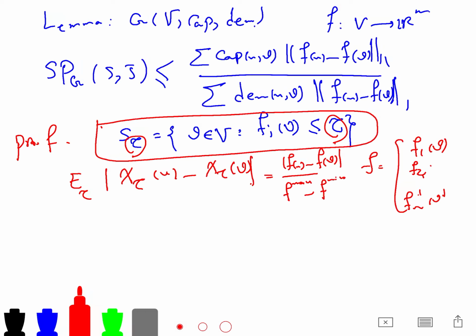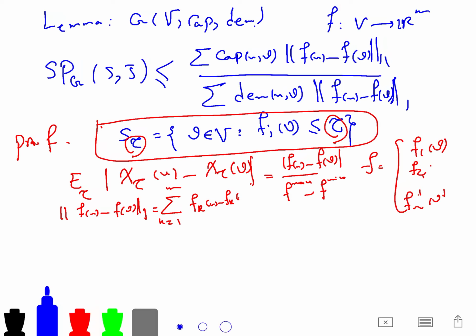First of all, F of U minus F of V, when I say norm 1, means that you can write it as the sum of F_k of U minus F_k of V. So it suffices to do it for just one coordinate.